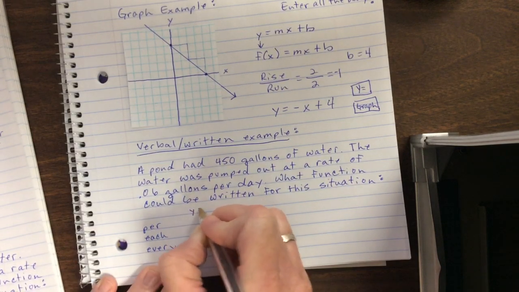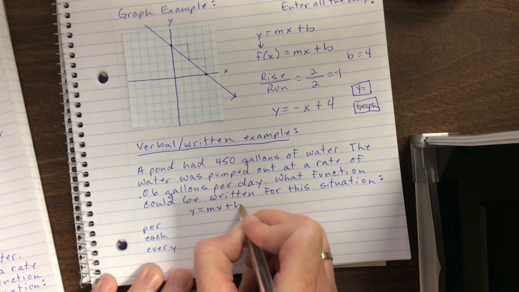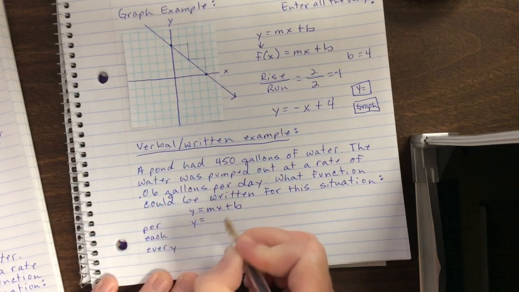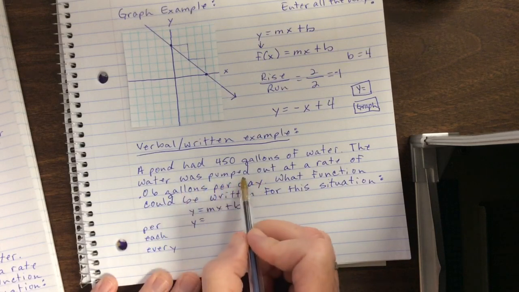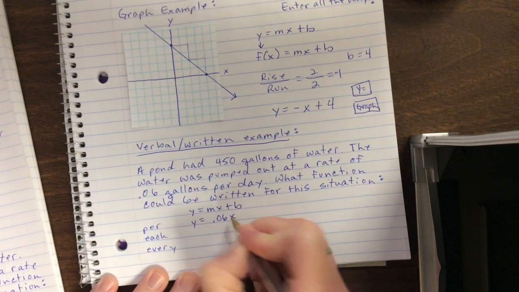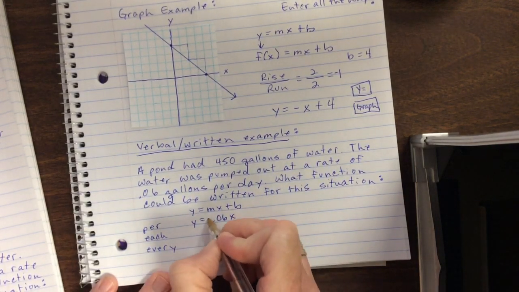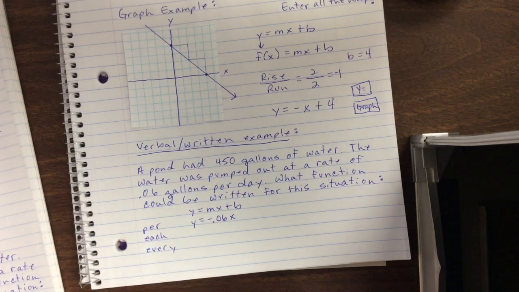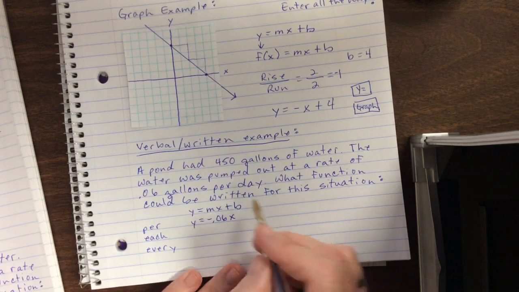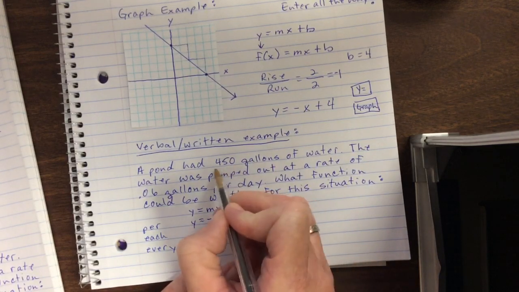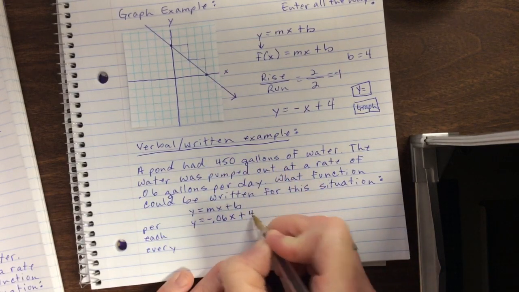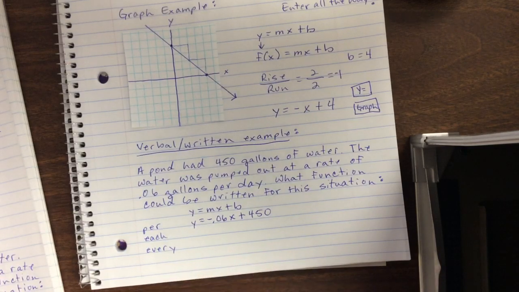So I'm going to put y equals mx plus b, and I'm going to see my rate is 0.06. So I know it's going to be pumped out at a rate of 0.06. And since it's being pumped out, that would be a negative slope because the level of the water is going down, just like the slope of the line. And we know that the pond starts at 450 gallons. So that is our y-intercept. And there's our equation.